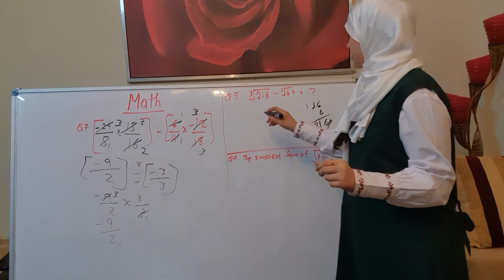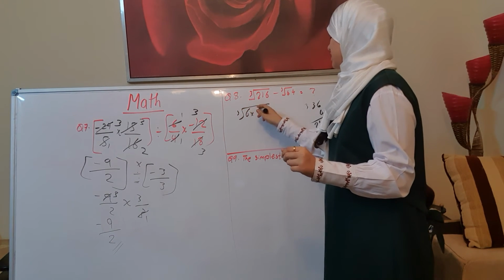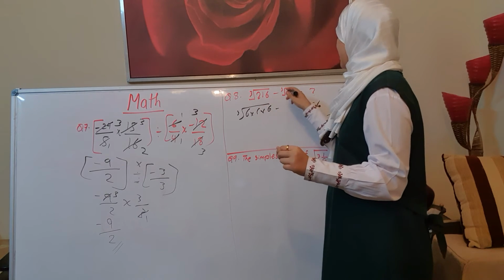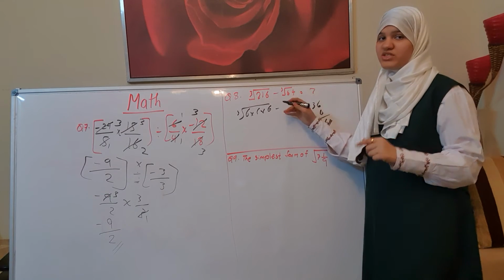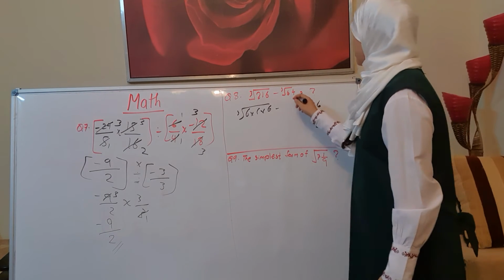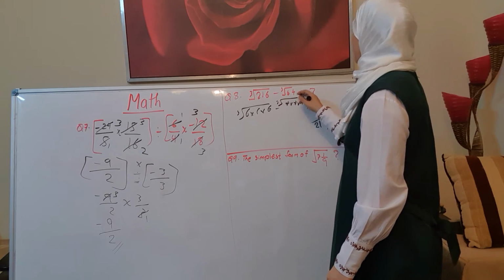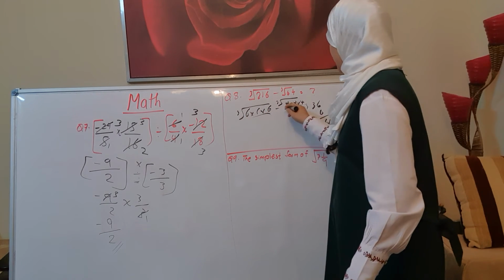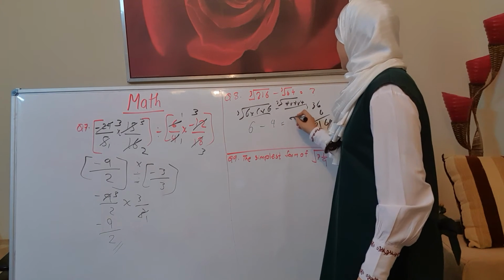So that's true, 6 works as the cube root: 6 times 6 times 6. Minus, the last digit in this number is 4, so 4 times 4 times 4. The cube root is 4, taking only one of each. So 6 minus 4 is equal to 2.